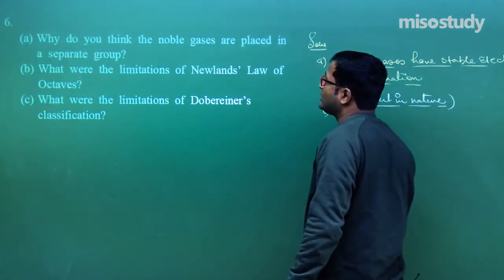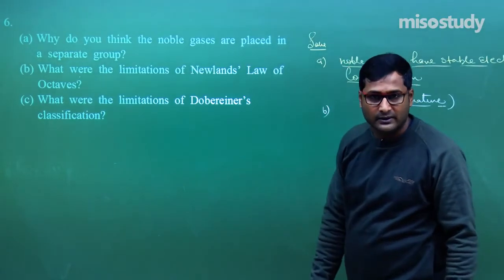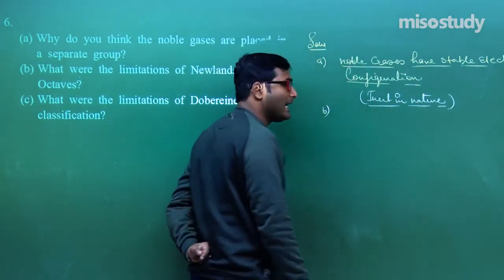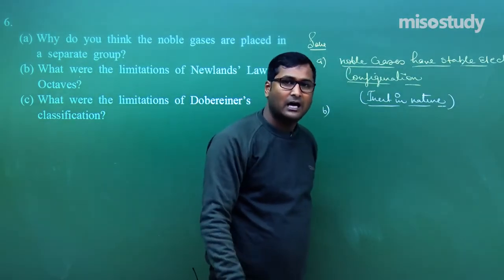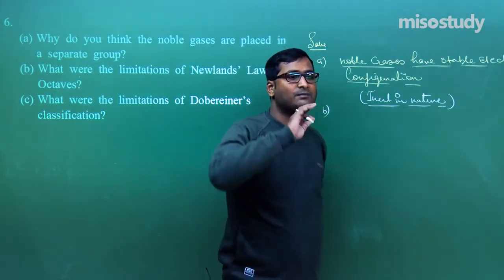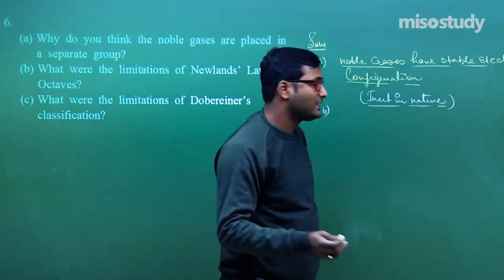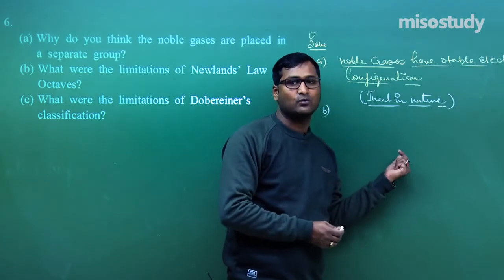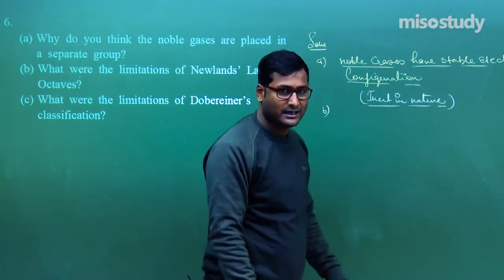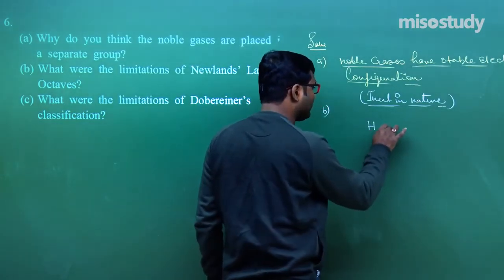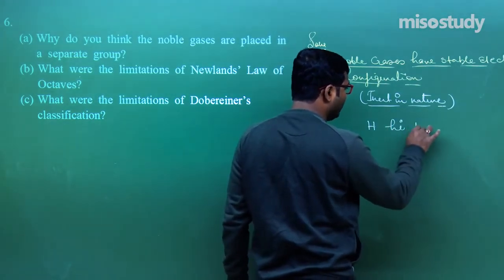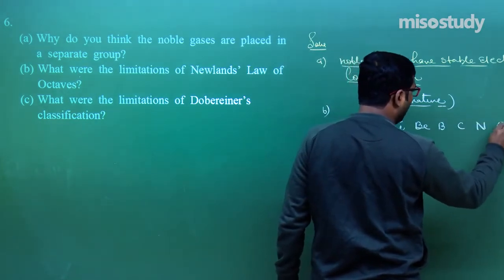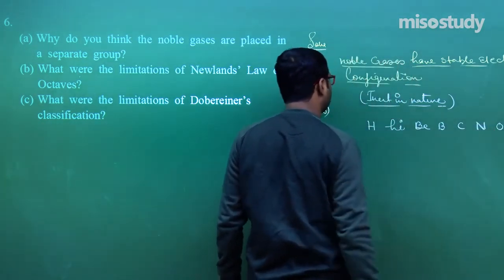Question number B. What were the limitations of Newton's law of octaves? As we know, in Newton's law of octaves, he arranged the elements by observing the musical notes, that is, after the first, the 8th element will have similar properties. He arranged the elements like a musical note: helium, lithium, beryllium, boron, carbon, nitrogen, oxygen, fluorine. At that time inert gases were not discovered.